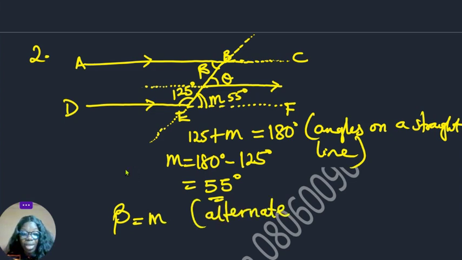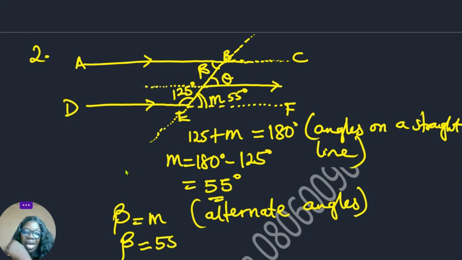Beta is on the left side below the parallel line, and then I come to the right side above the parallel line. You can see that it's alternate. So beta is equal to M, and that means beta is equal to 55 degrees.